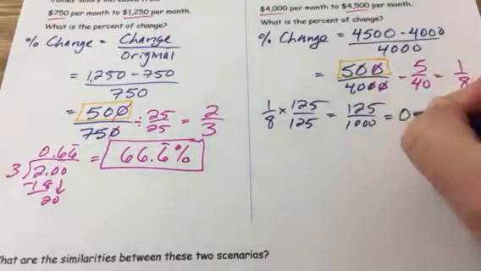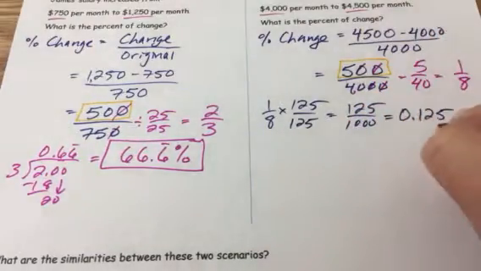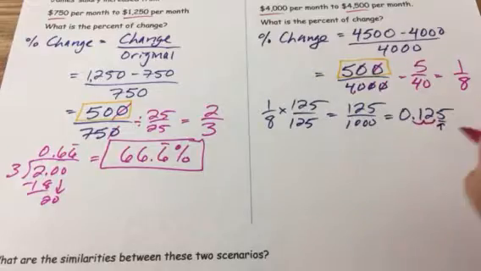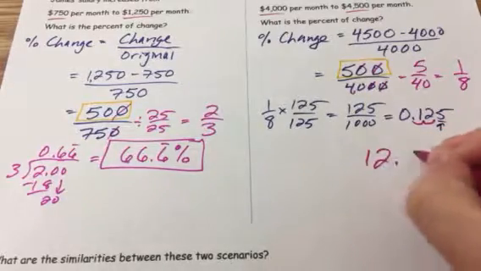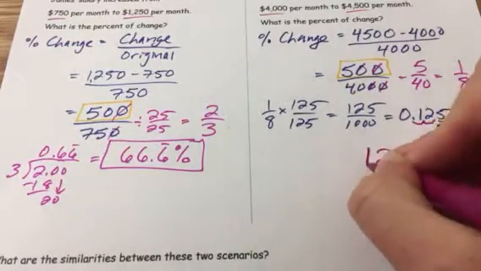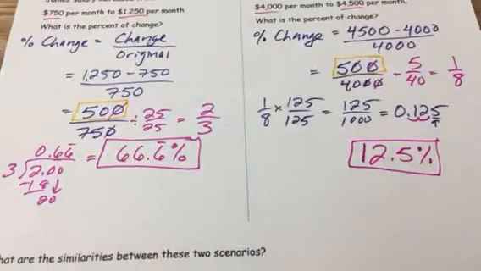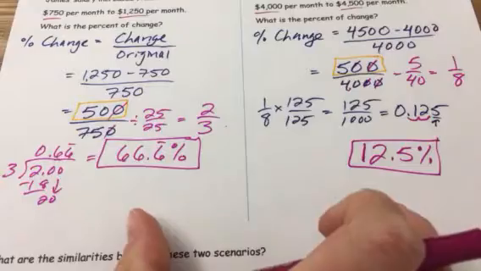Which is easy to then write as a decimal. It's 125 thousandths. And if I go ahead and turn this into a percentage, that is 12.5%.